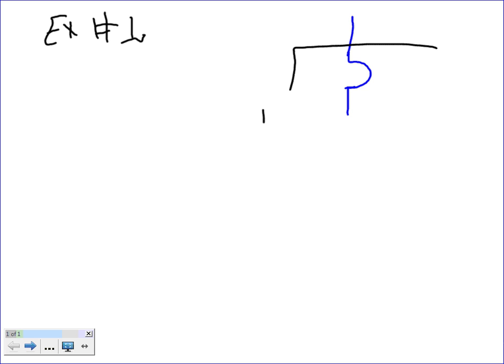Here's my panel. As you guys know, inside my panel, there will be, this is a panel. Inside my panel, I need to size the following. Here's my ground. Here's my neutral.